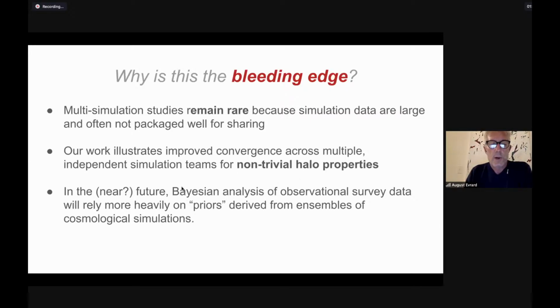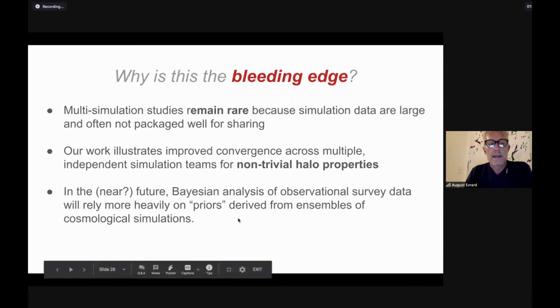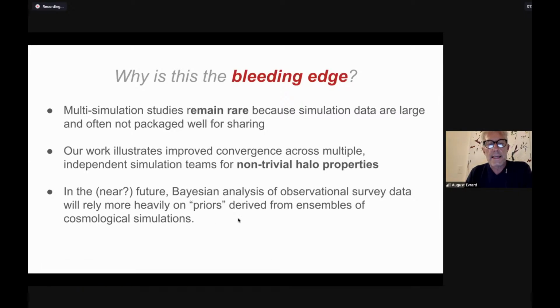And then where we're trying to head with this is that the kinds of survey data analysis being done right now are often very agnostic as to exactly how many galaxies are in a halo, and what the form of the distribution of the likelihood of the number of galaxies given halo mass looks like.